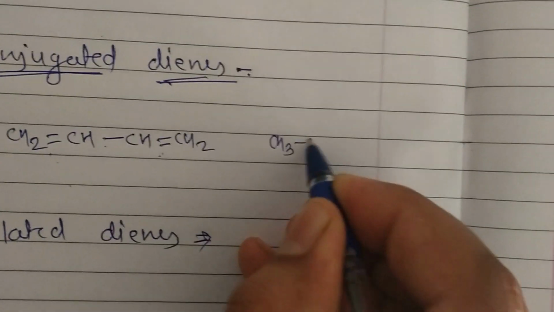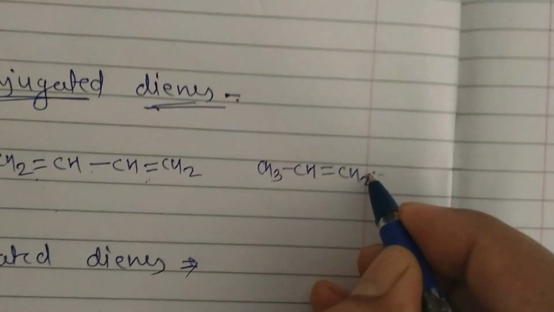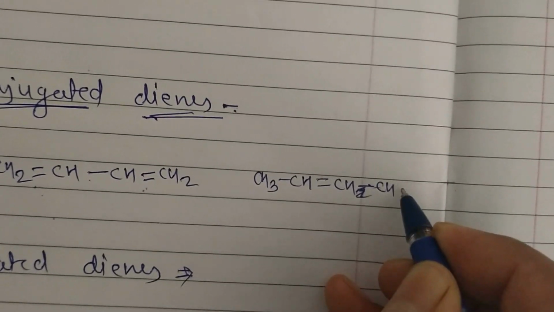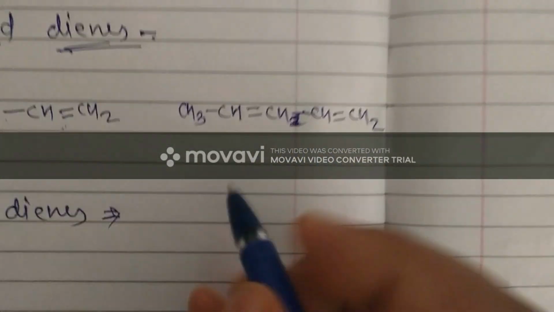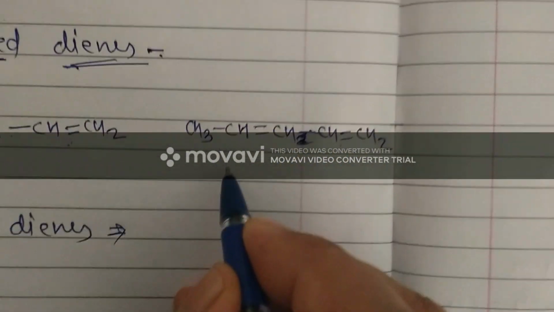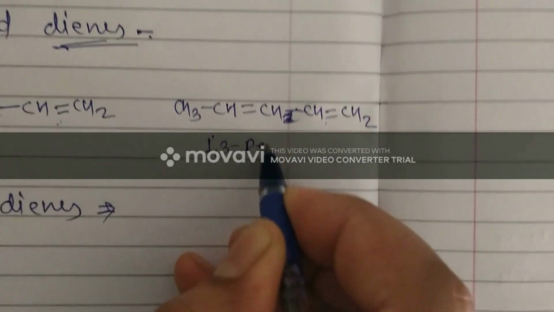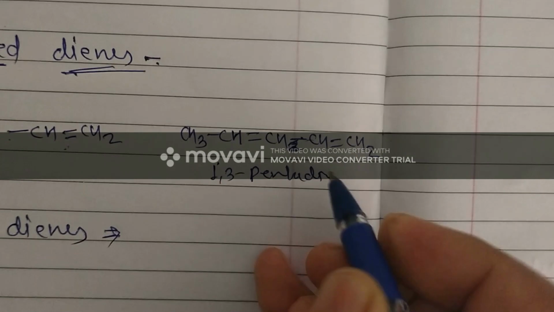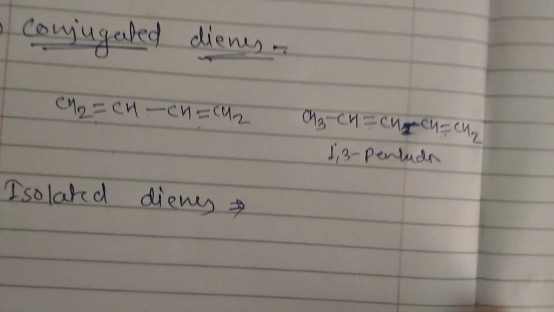Another example, CH3-CH=CH-CH=CH2. This is the example of 1,3-pentadiene. Here also the two double bonds are separated by one single bond.